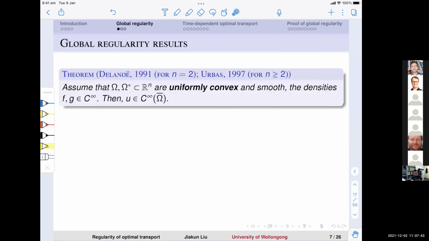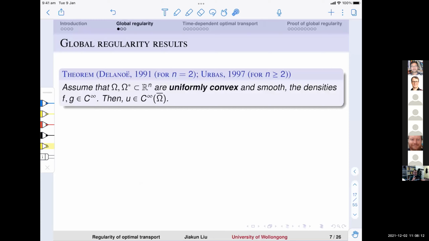Now in dimension 2, if both domains omega and omega star are uniformly convex, then Delanoe in 1991 proved the solution will be globally smooth as long as the right-hand side of the PDE is smooth enough. And this result was extended by John Urbas in 1997, and his result covers arbitrary dimension.